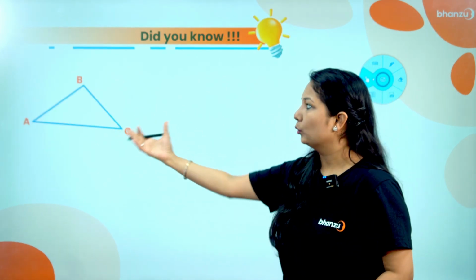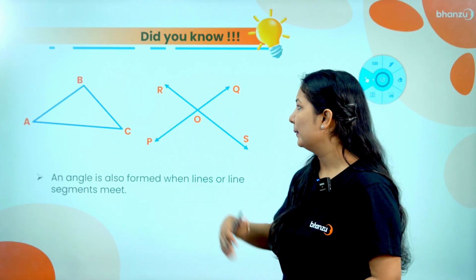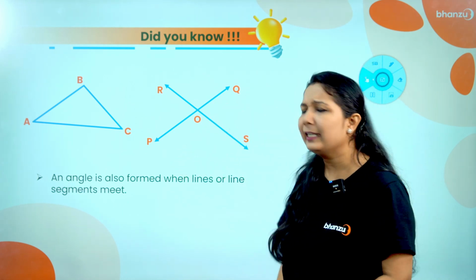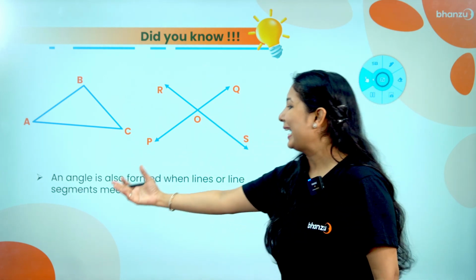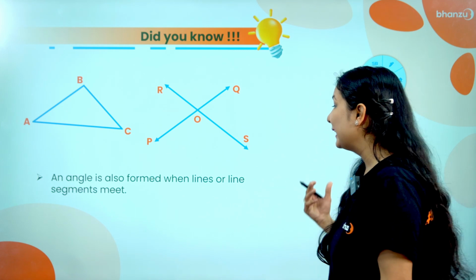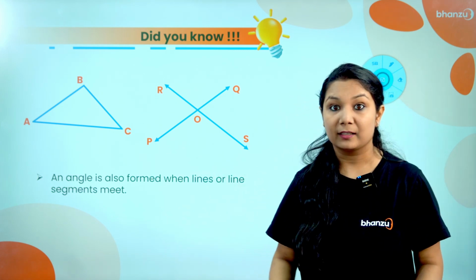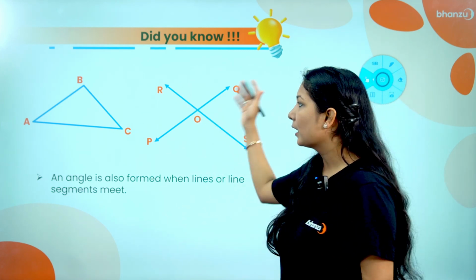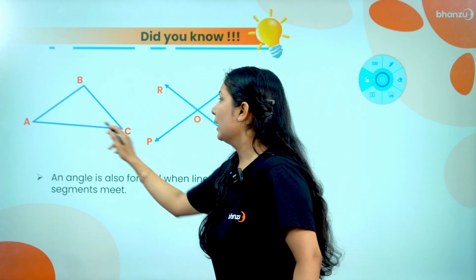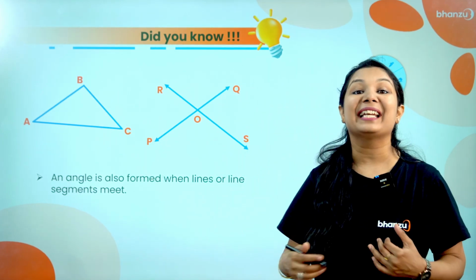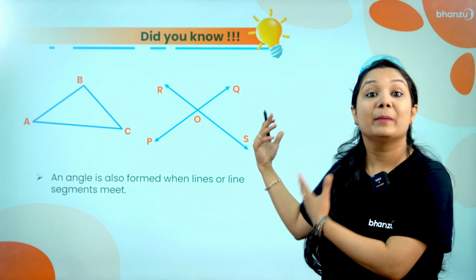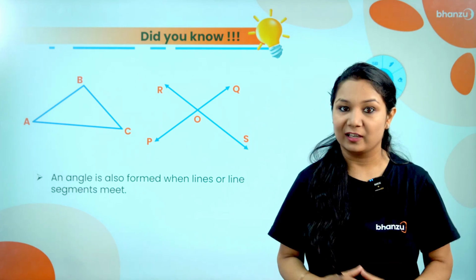These are two different figures. Here is a triangle ABC and these are two lines which are intersecting. An angle is also formed when lines or line segments meet, right? Here lines are meeting. Here line segments are meeting. So different angles can be formed in these particular figures.